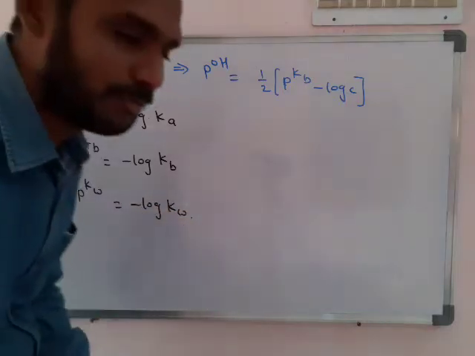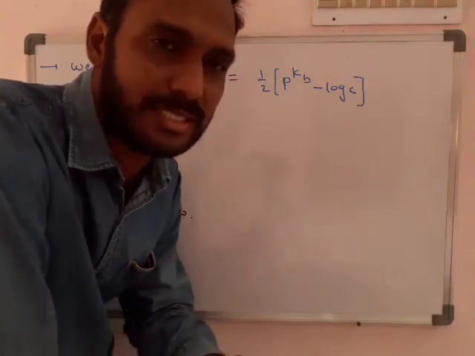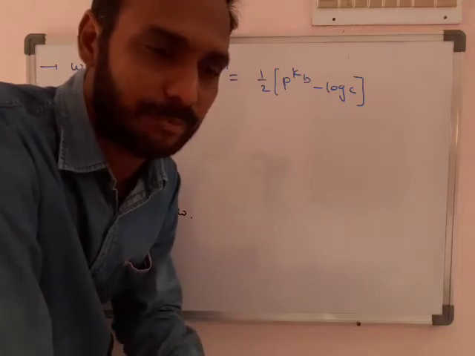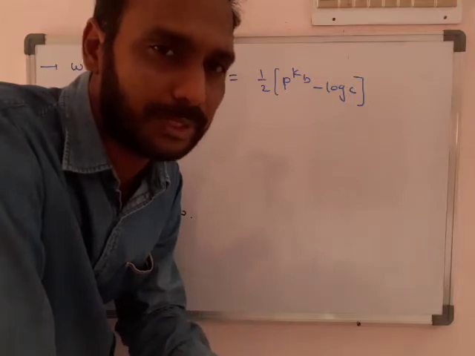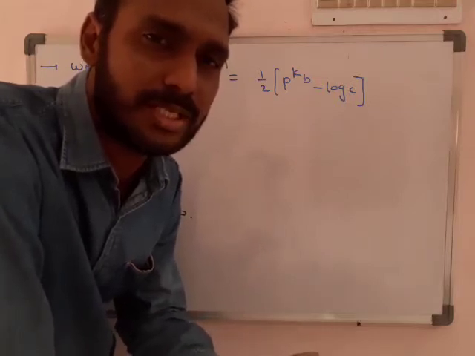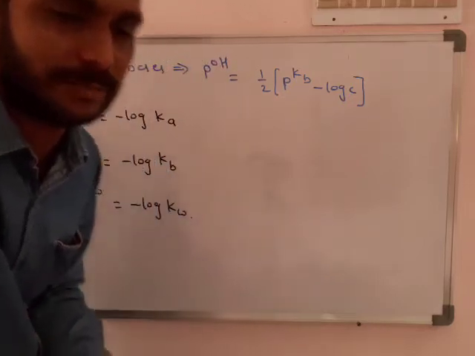So we know the Kw value for water at 25 degrees Celsius is 1.0 into 10 power minus 14 moles square per liter square. But we know that it depends on temperature. Means as temperature increases, its ionization increases, Kw value also increases.